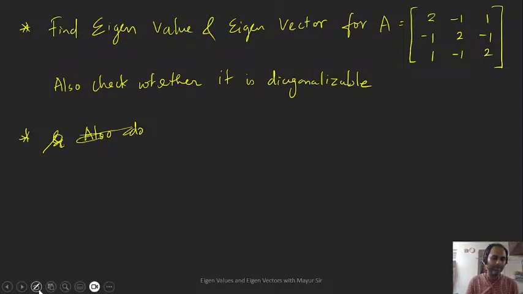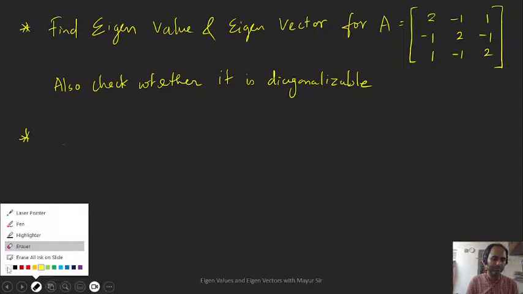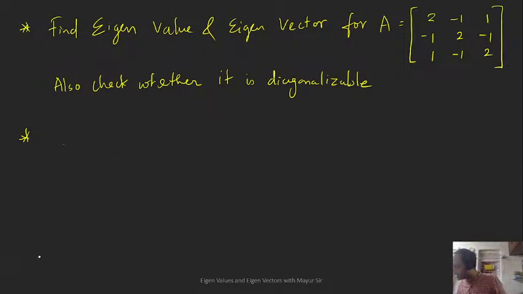I'll give you another question. You can do this one too. This is also a good question where you get repeated eigenvalues. You need to practice for the repeated case, and that would be a very good thing.